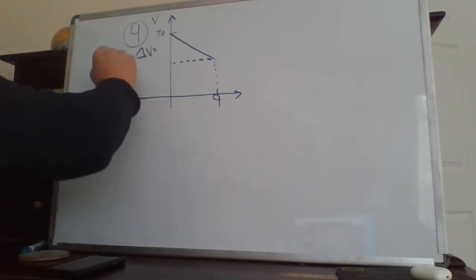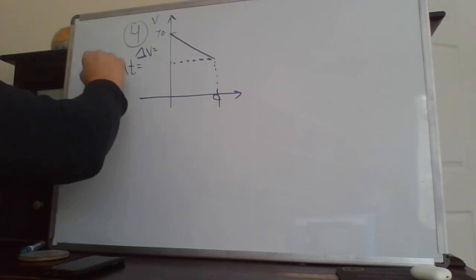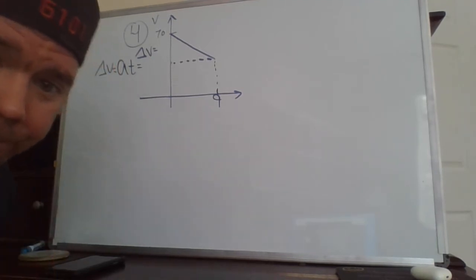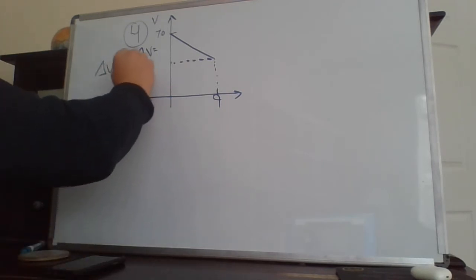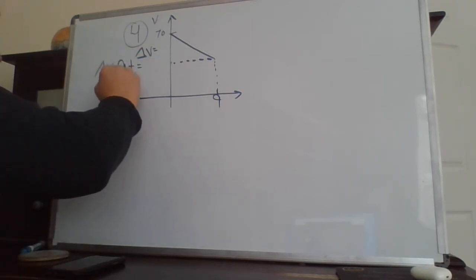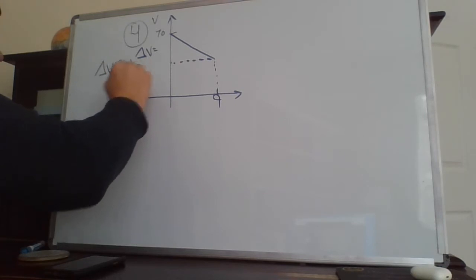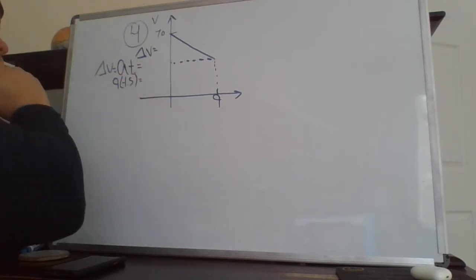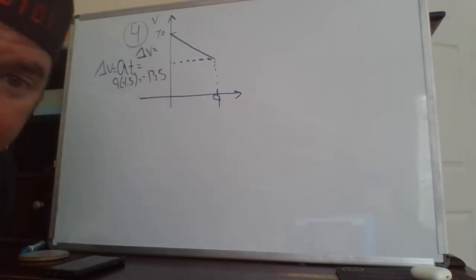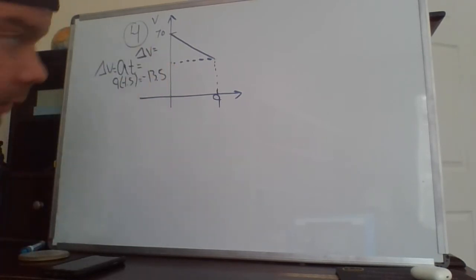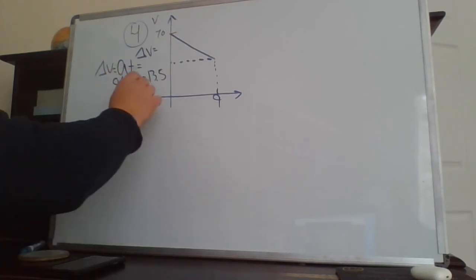And we can figure that out by recalling that the change in velocity is equal to acceleration times time, right? So acceleration times time is going to be 9 times -1.5, which is -13.5. Okay, so what that means is the velocity of this object changes, right?